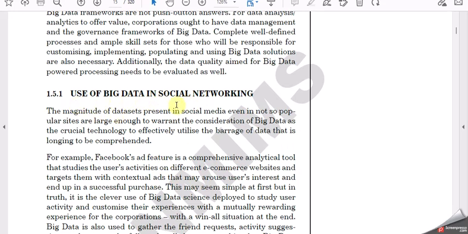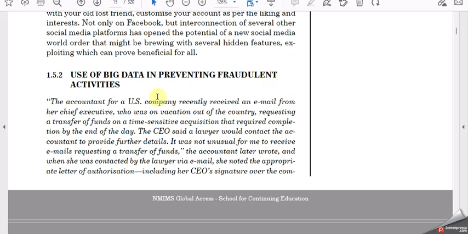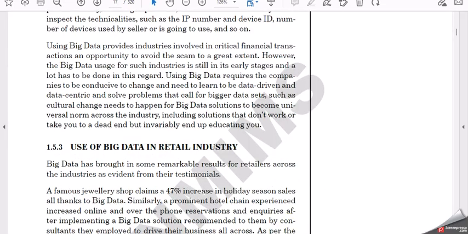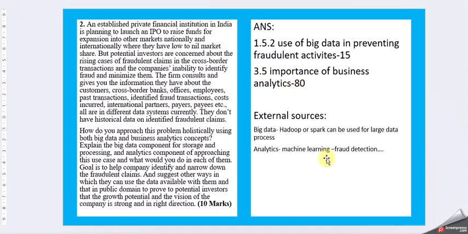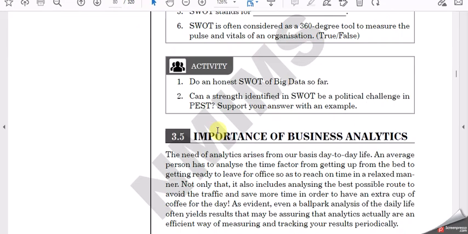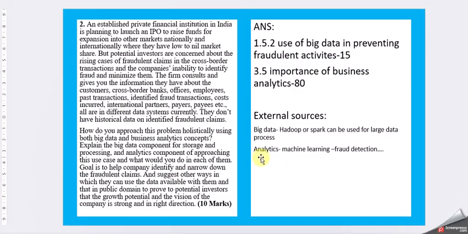Use of big data in social networking, preventing fraudulent activities. Then we have importance of business analytics.